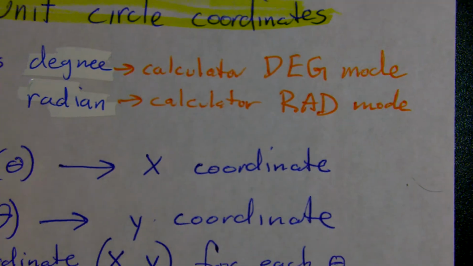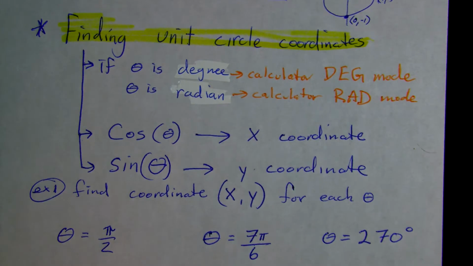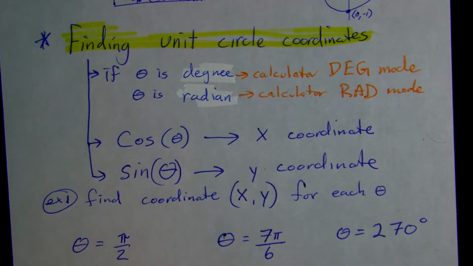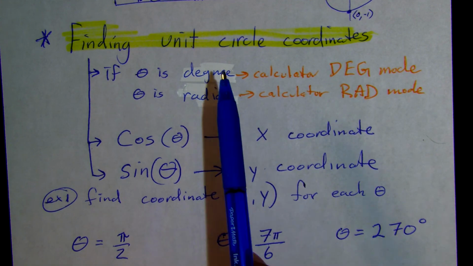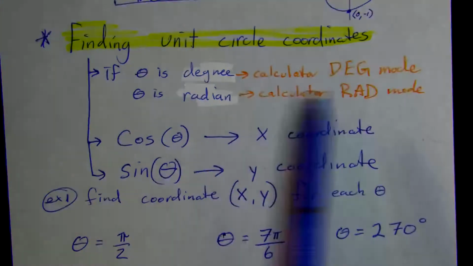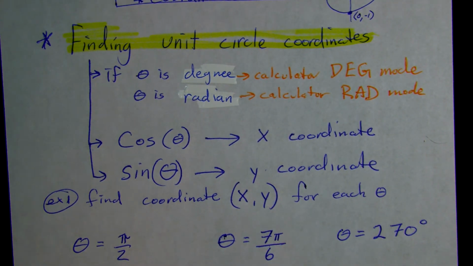So we're going to talk, like I said, more about the trig part of this on Tuesday. To find the unit circle coordinates, first, just to remember again, if the theta is in degrees, you've got to be in degree mode, or radian mode. And then to find the x coordinate, we're using the cosine function. I'll break that down on Tuesday. For now, I want you just to trust it.